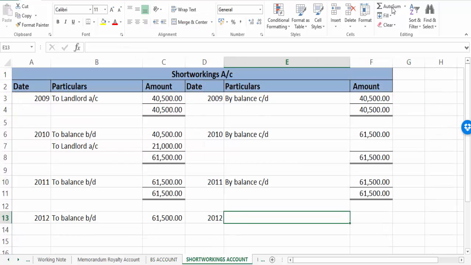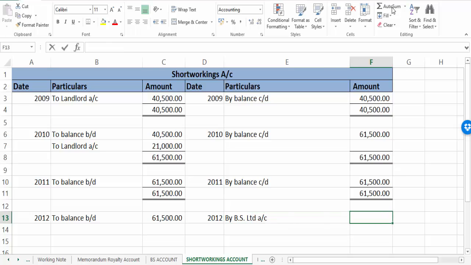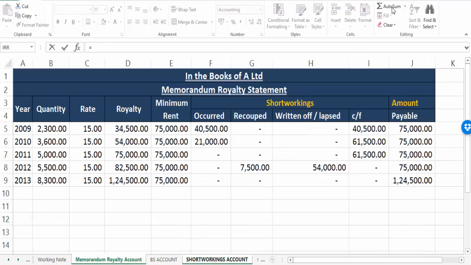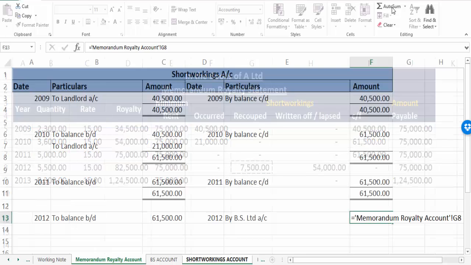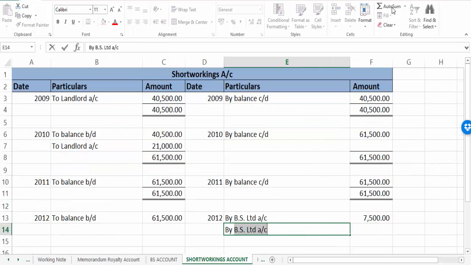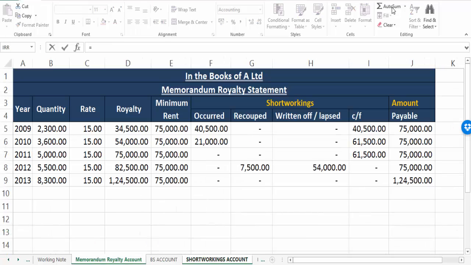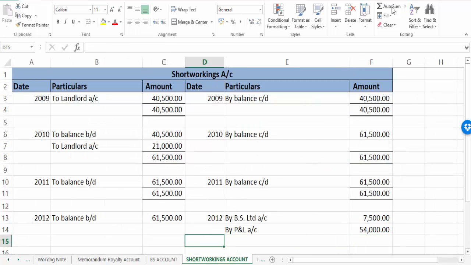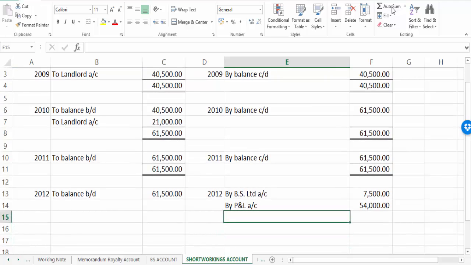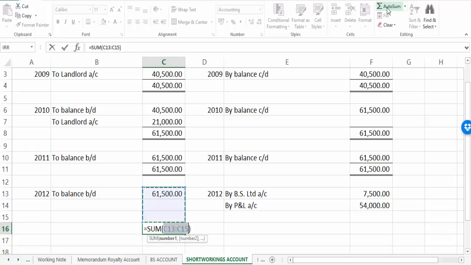So we'll capture that by BS Limited account, basically landlord, and the amount is 7,500. Then by profit and loss account, amount is 54,000. Then whatever is the balance, that balance will go to next year. Okay, so let's total. Total is 61,500.